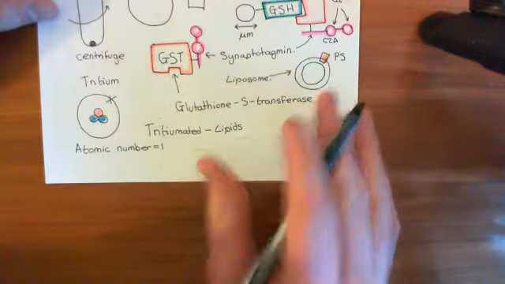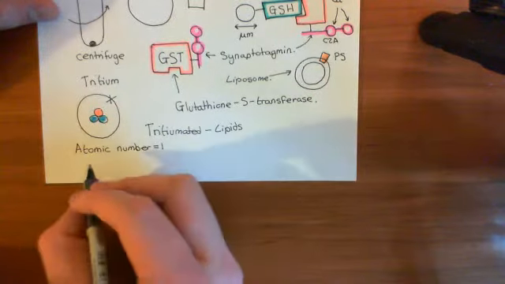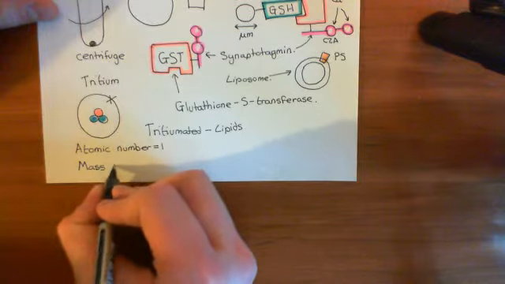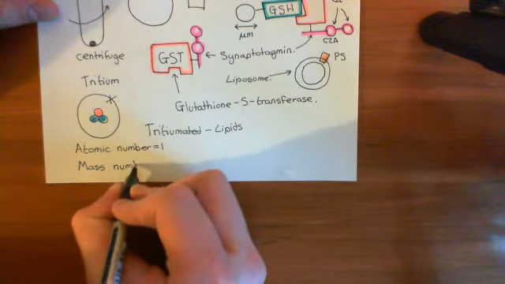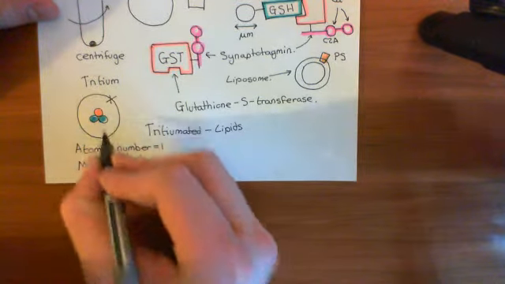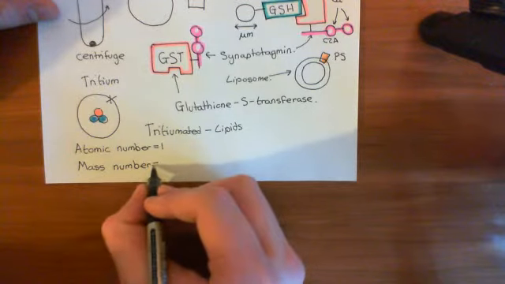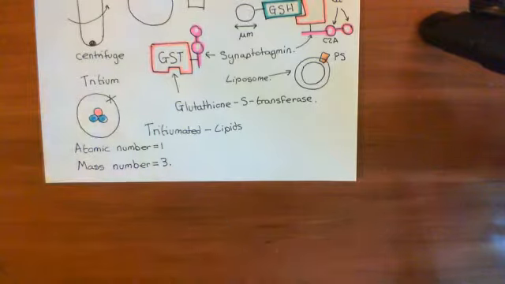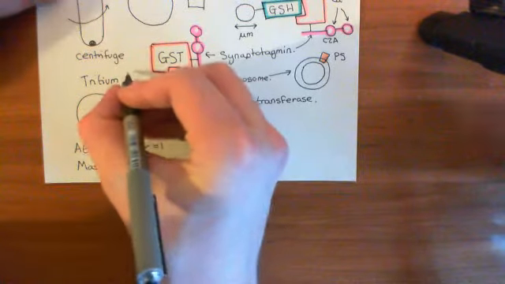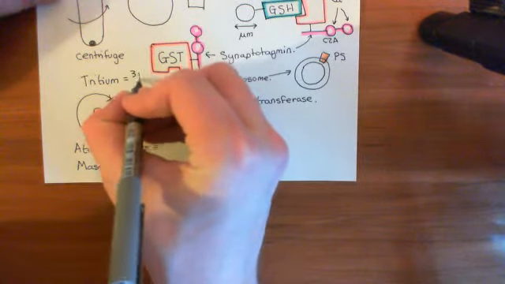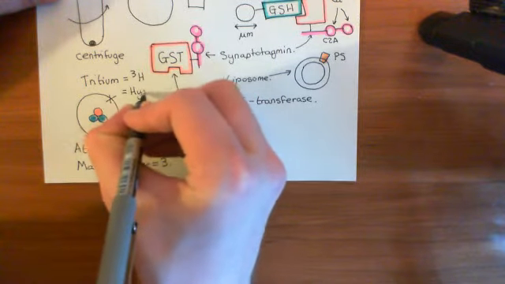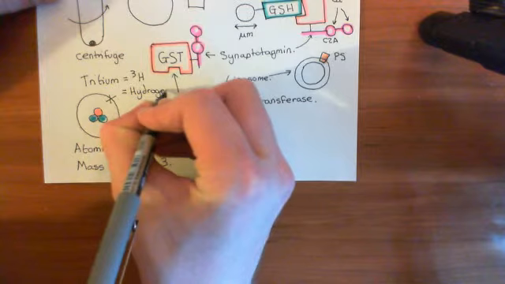That doesn't change what element you are, but it does change your properties. The mass number of an element means how many protons and neutrons are in there, so the mass number of tritium is 3. So it is often denoted as 3H because its mass number is 3, or hydrogen 3 is also the other name used for it.